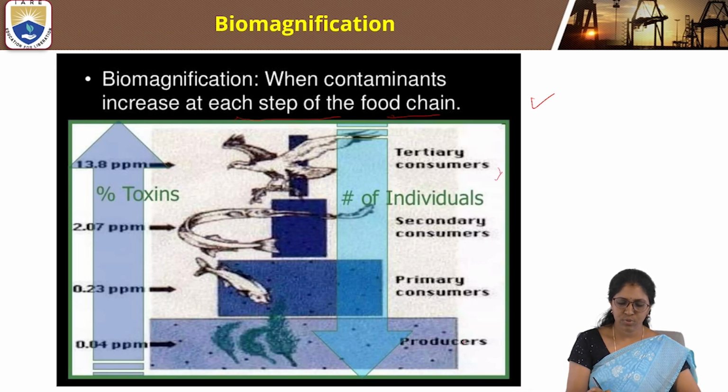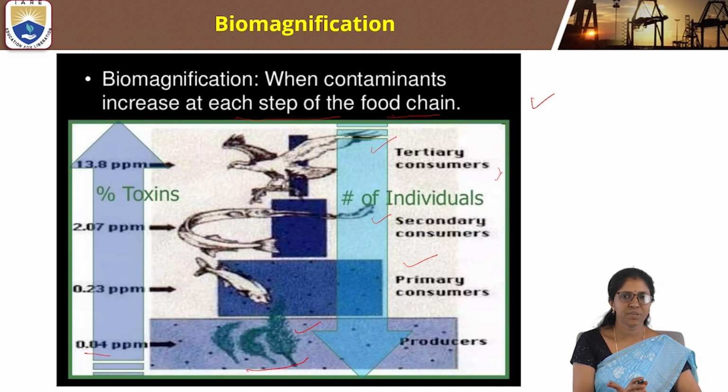If we see the producers, these are the producers. We have primary consumers, secondary consumers, and tertiary consumers. The concentration of contaminants in producers is 0.04 ppm.